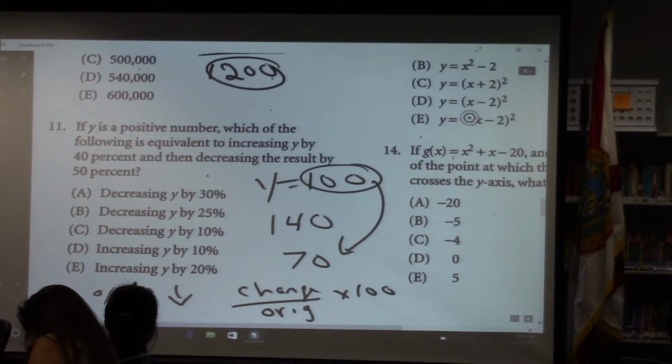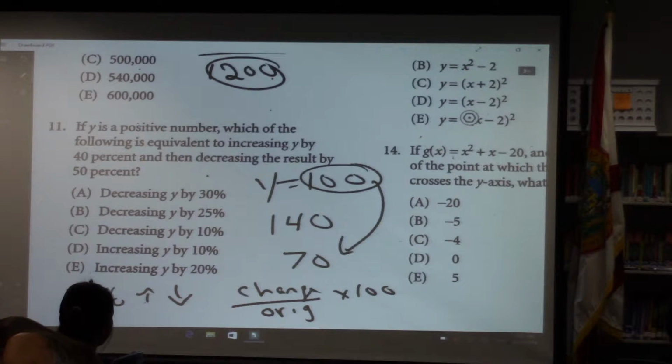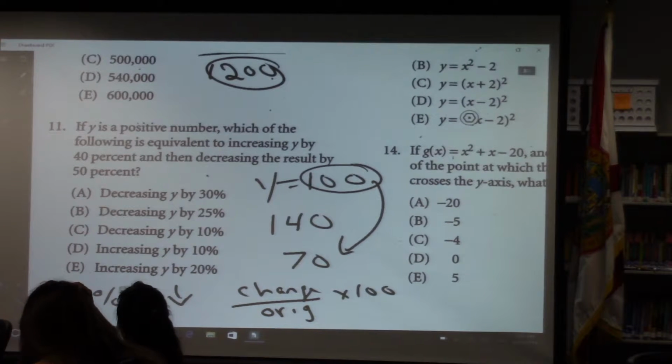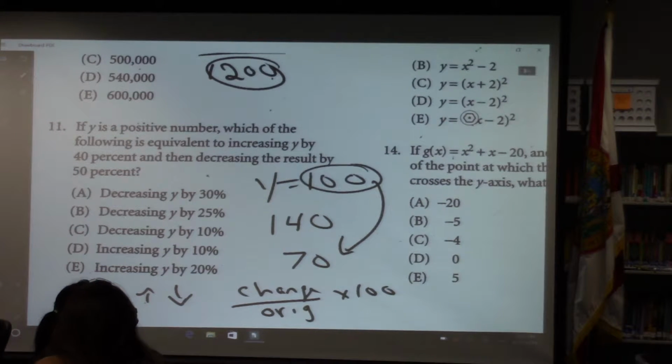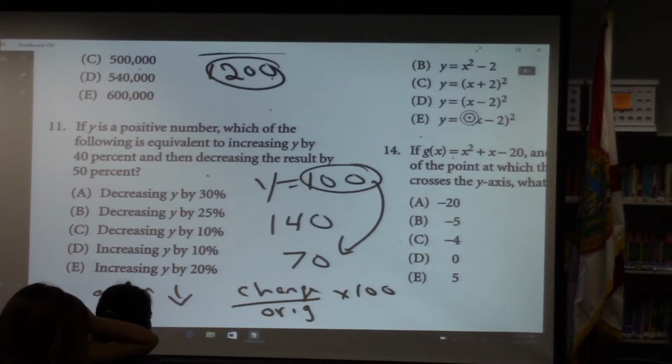And the change is just the difference. So we went from 100 to 70, so the change here would be 30 over the original of 100 times 100, which is why those two cancel out. That's why we always want to start with 100 whenever possible. It makes calculations easy. No calculator needed. Any questions on that? Awesome.